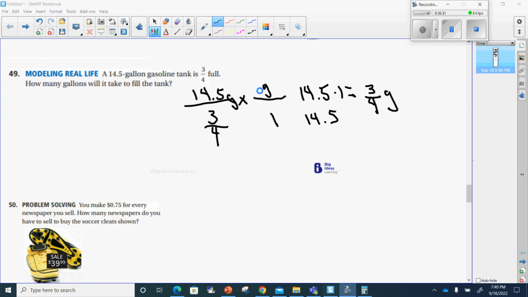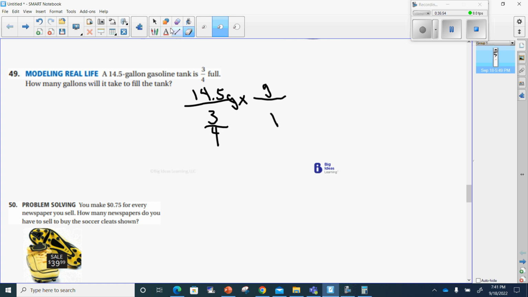I had to pause for a second to look at this carefully, and I realized I made a little boo-boo because I misread it. It says here that the tank is a 14.5 gallon tank, and it is 3/4 full. So it doesn't have 14.5 in it right now. I have to change this up, and I apologize for that.